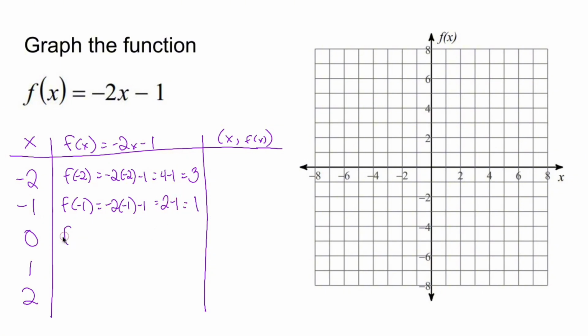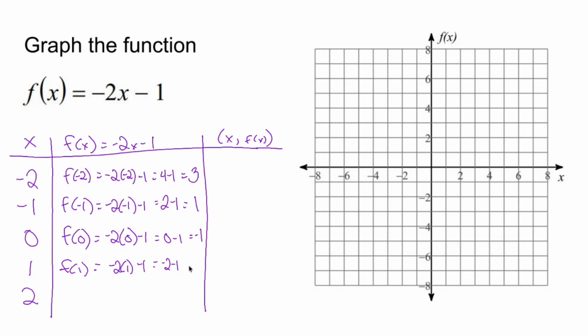Let's do it again. F of 0 equals negative 2, replace the x with parentheses 0. PEMDAS says negative 2 times 0 is 0, and 0 minus 1 is negative 1. Let's do it again. F of 1 equals negative 2 times 1 minus 1, which is negative 2 times 1 is negative 2.